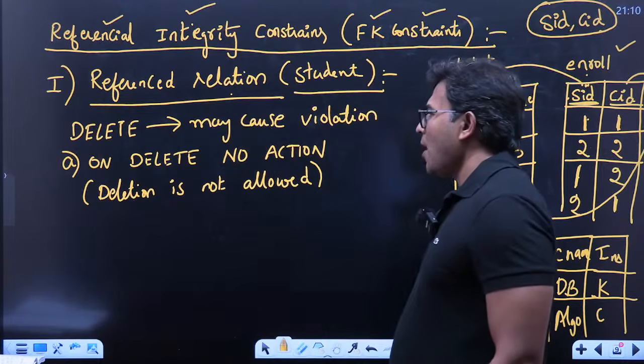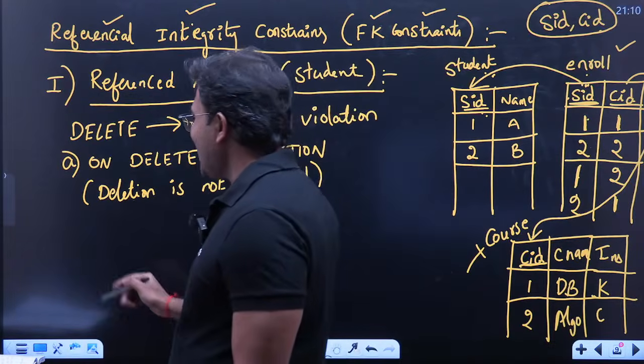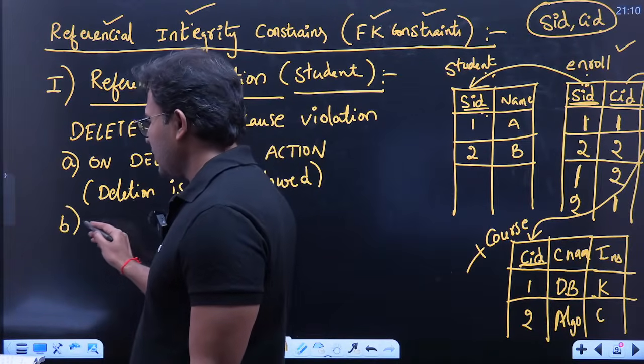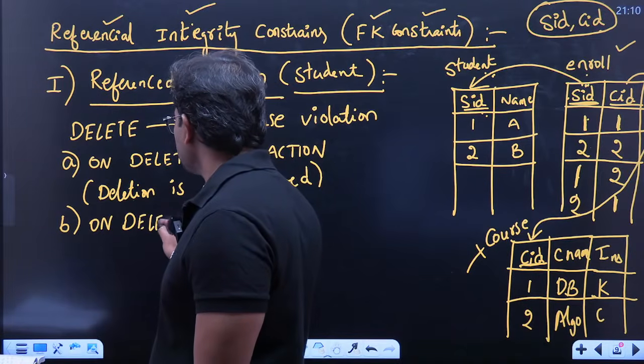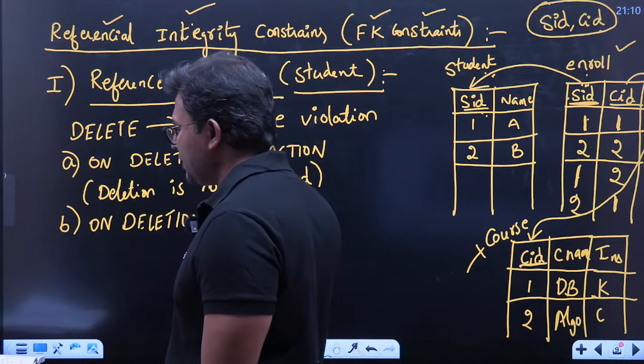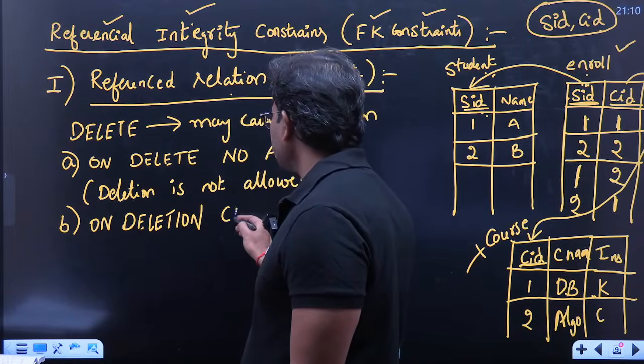On deletion, no action is one of the options. And then the second option is on deletion cascade.